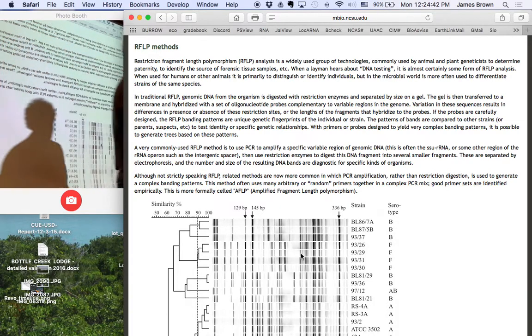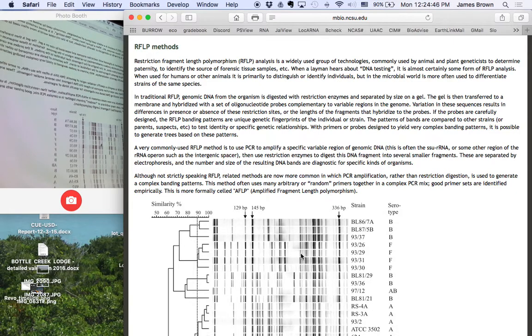Another method are RFLP methods. RFLP stands for restriction fragment length polymorphism. The reality is almost nobody uses restriction fragments for this anymore, usually PCR products or probes. If any of you have ever had a paternity test done, this is how it works. I'm going to hope not.